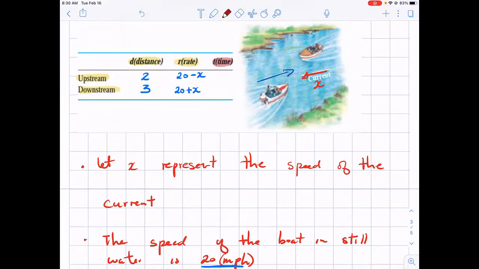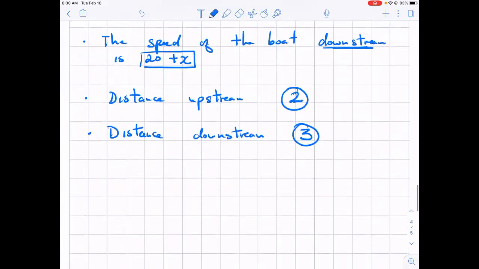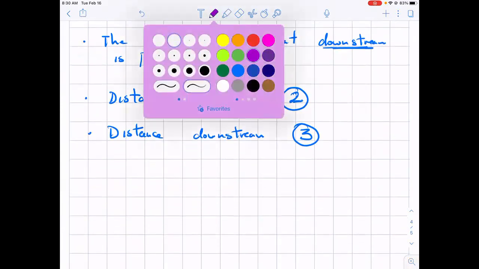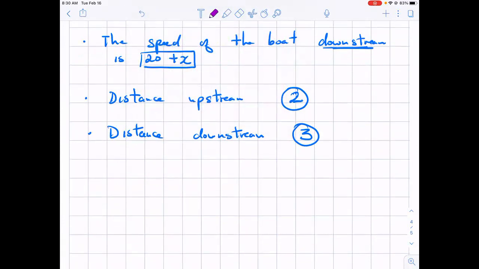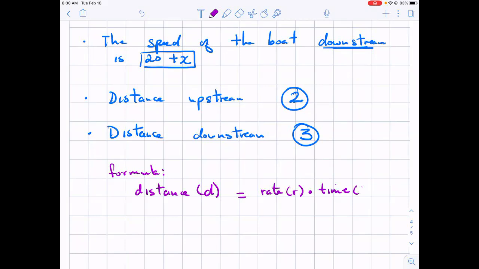There is a formula that distance, which we call d, is equal to the rate, which we call r, times time, which we call t.